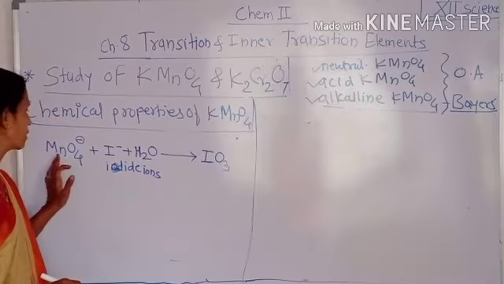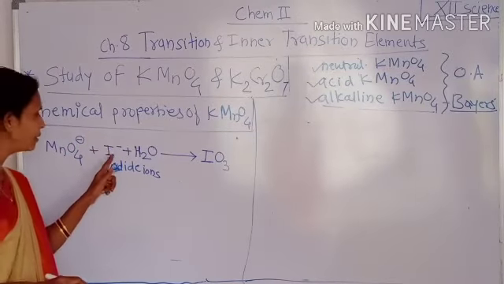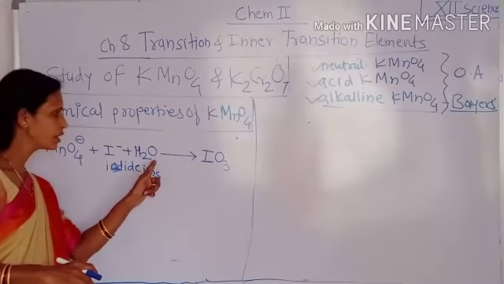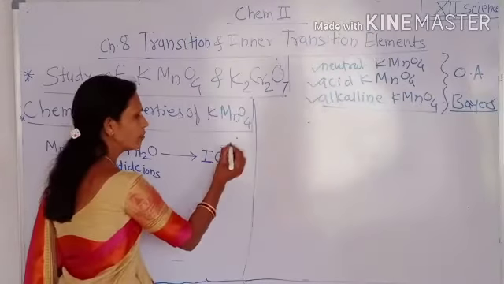In this process, iodide is oxidized in neutral medium and converted into IO3 minus.